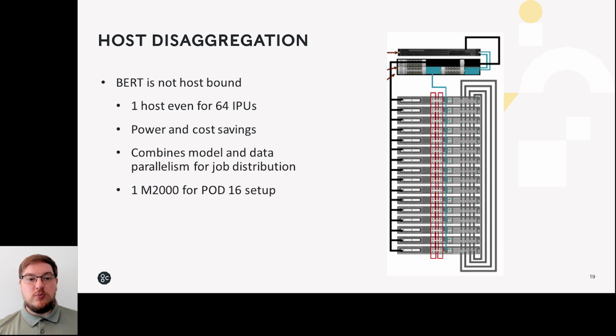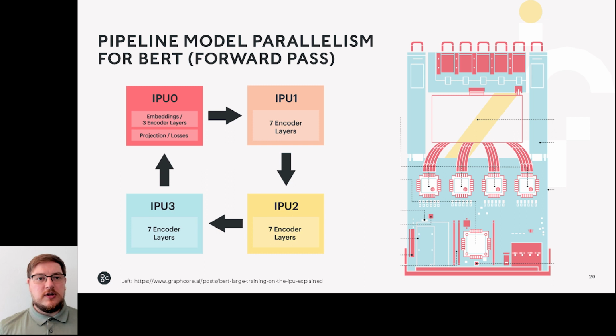BERT combines model and data parallelism for job distribution. For the Pod16 setup, we do the computation on one M2000 for a model and then apply data parallelism. So, how does our pipeline look like?